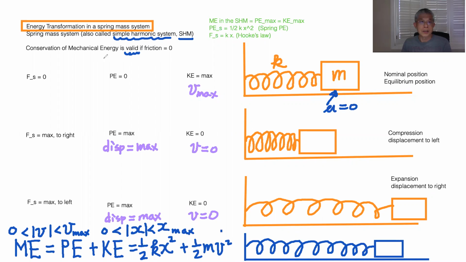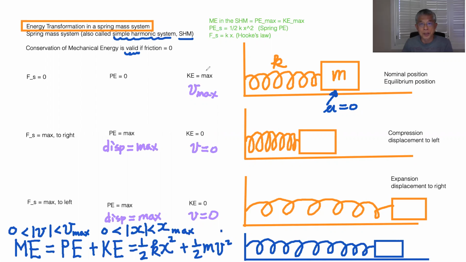In this case, the energy will only change from kinetic energy to potential energy, or potential energy to kinetic energy. Kinetic energy and potential energy can transfer from each other.